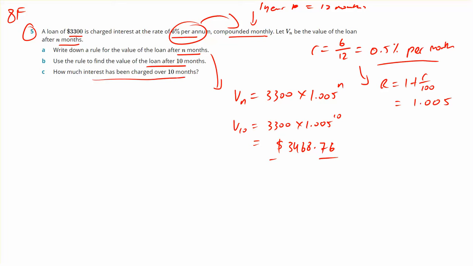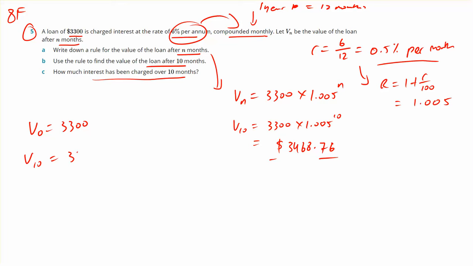How much interest has been charged over 10 months? Okay, so what's happening here is that our loan is growing steadily. What's the difference between V0, our initial amount, and V10?